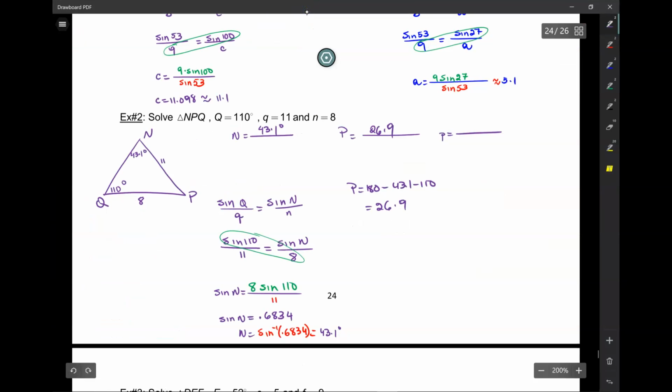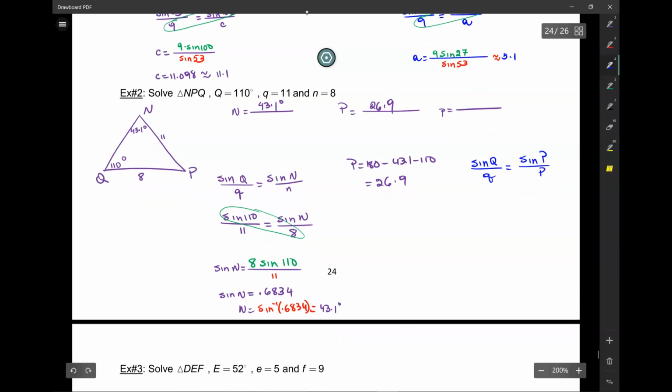Okay, what about little p? What am I going to do? Sine of q over q, sine of p over p. Do you see how if you make a mistake in one of them, a careless error, it's going to propagate, right? So it's not going to give you the right answer. So sine of 110 over 11 equals sine of 26.9 over little p.